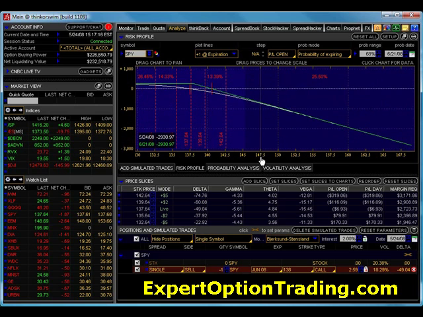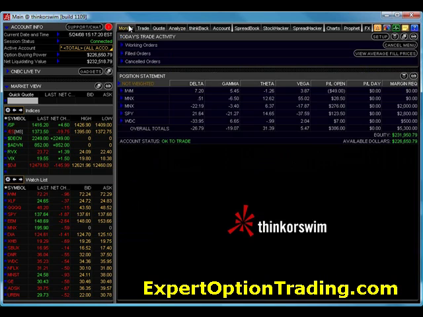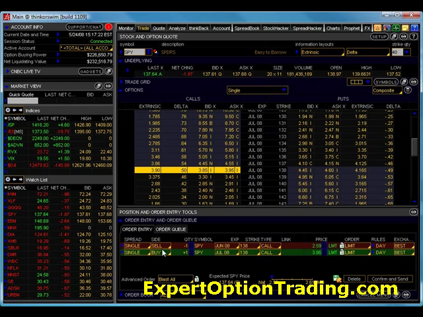What we want to do is protect that position by buying another option at the same strike price, only in a different month, and this is called a calendar spread. They call it a calendar spread because you're selling in one month and you're buying in another. So let's analyze this.